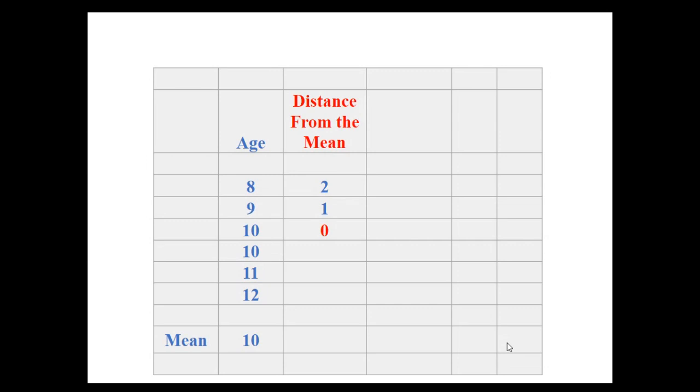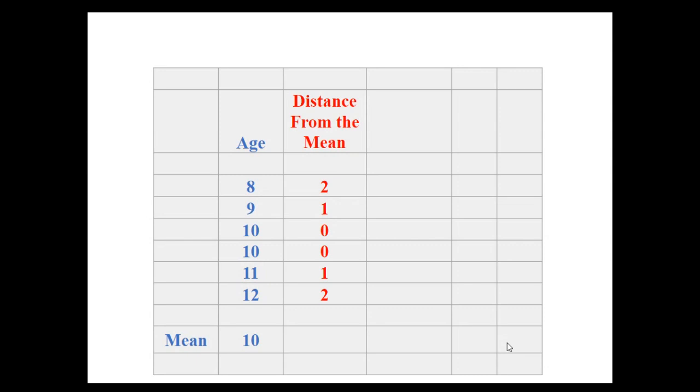And I'm going to fill in the rest of the distances. Okay, and you notice they're all positive numbers. For 11, we subtract 10 from 11, and we get 1. When we're dealing with a distance from the mean, it's always going to come out positive, right? So we subtract the smaller one from the bigger one.